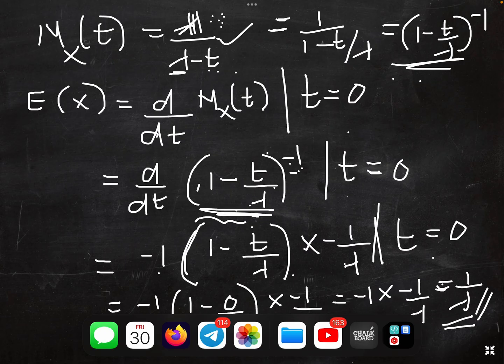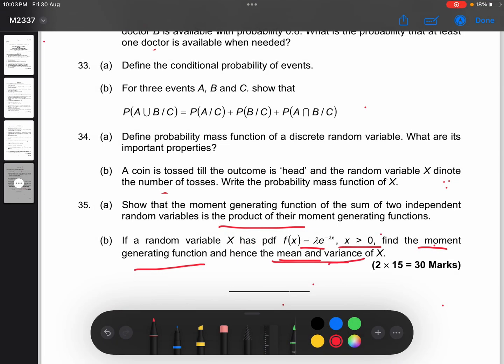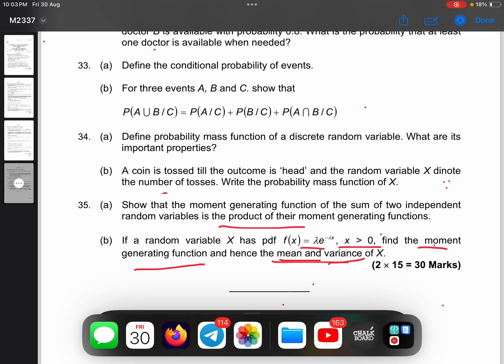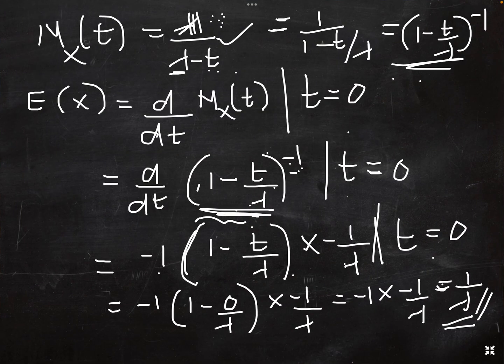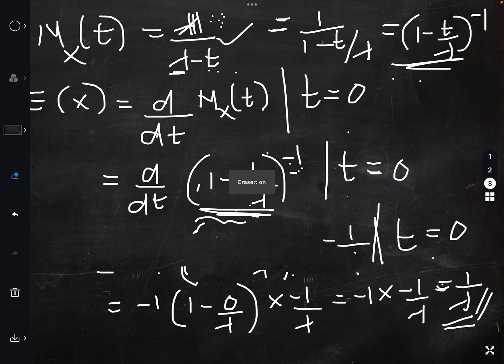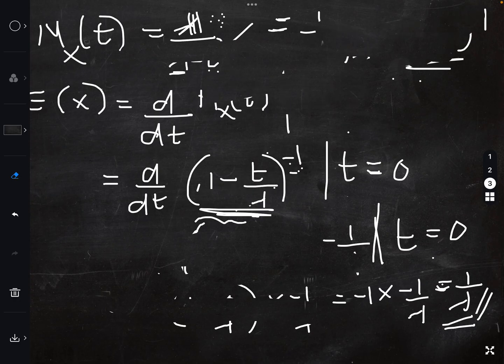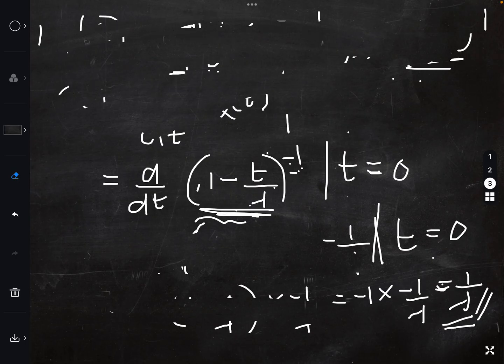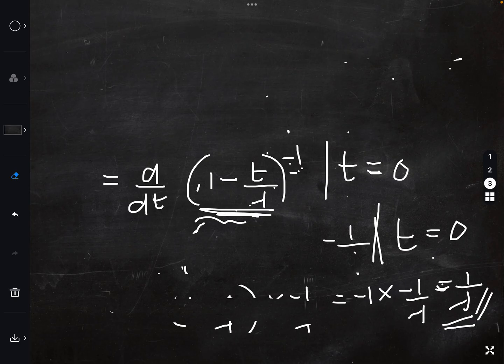Next we have to find the variance of X. By using the MGF we can find the variance of X. The variance of X is equal to the expectation of X square minus the expectation of X the whole square.